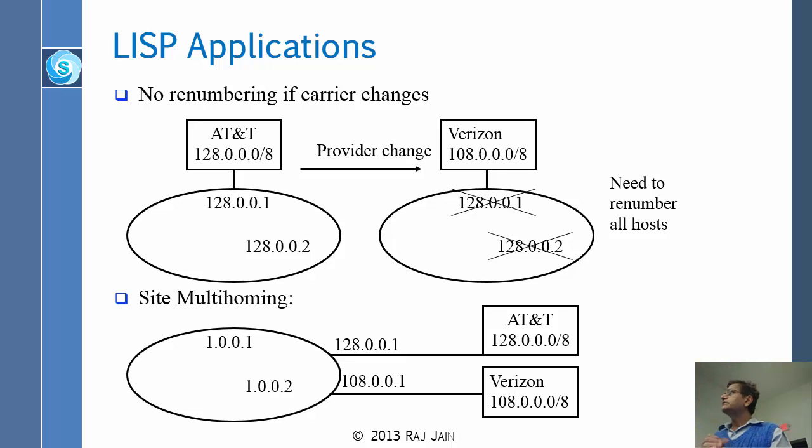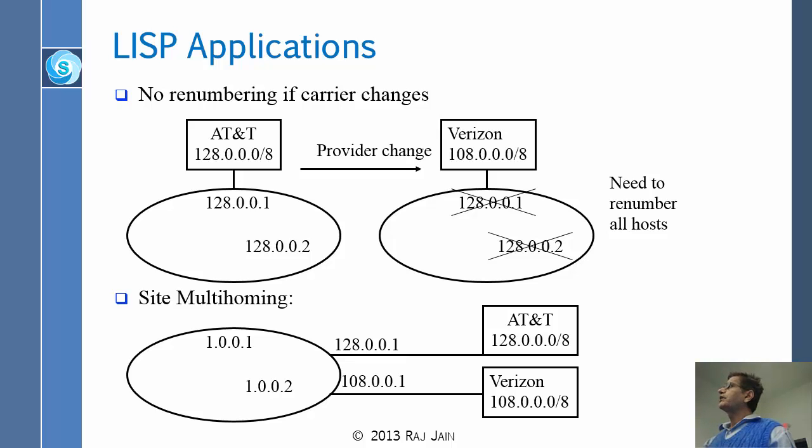And when you have site multi-homing, that was an even bigger problem. For example, if you had one company with two carriers, AT&T and Verizon, you get 128 from AT&T and 108 from Verizon. Now if somebody wants to send traffic, they have to know that this site has two addresses.